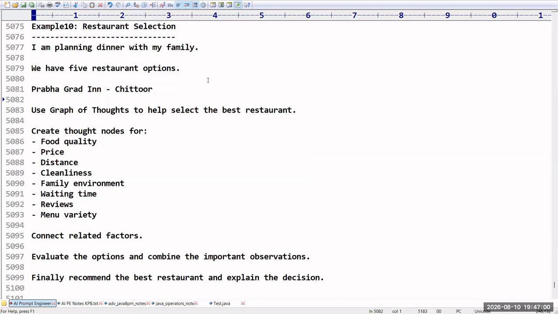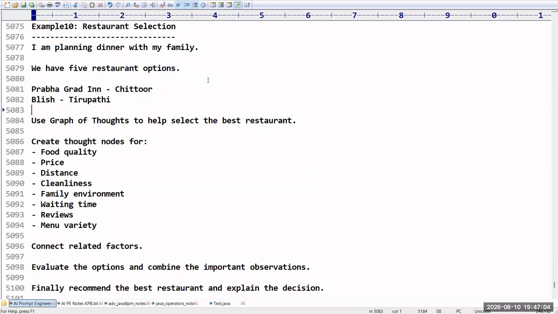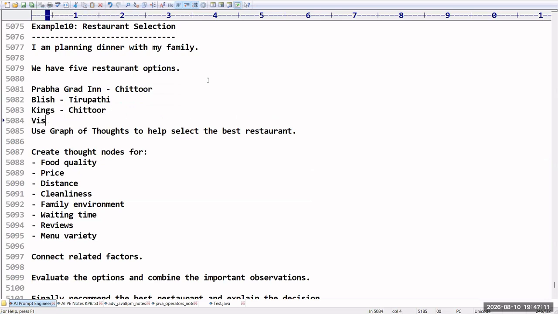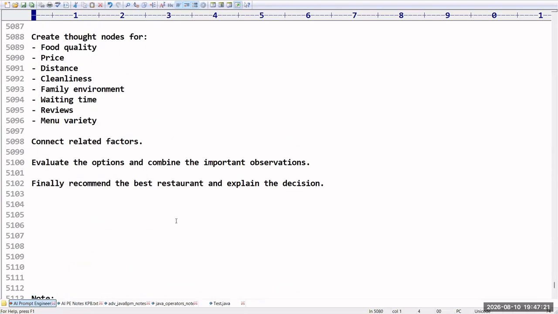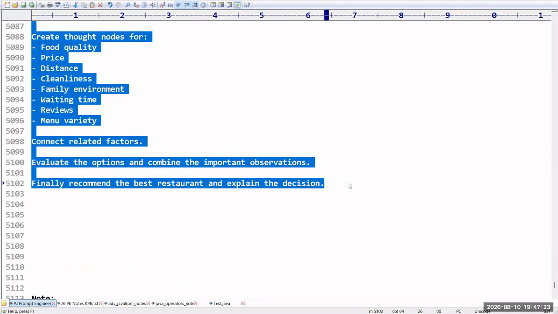So next, Bliss Hotel, Tirupati. So King's Hotel, Chittur, so Vishnu Bhavan Hotel, Chittur. Okay, so let us assume these four restaurants I'm giving.